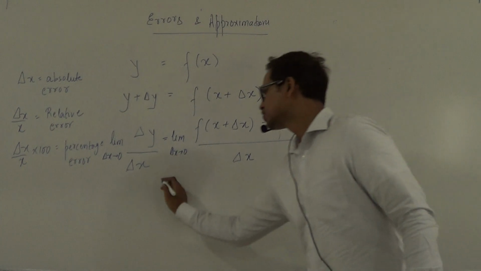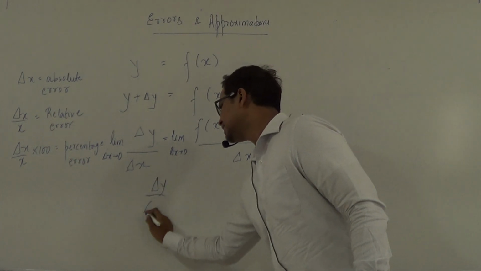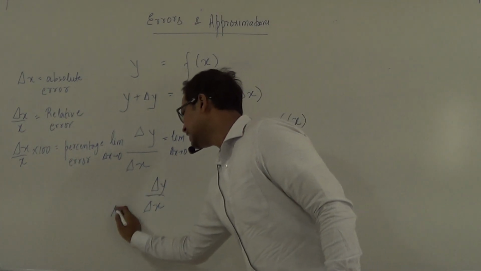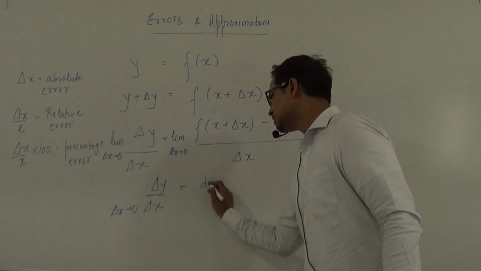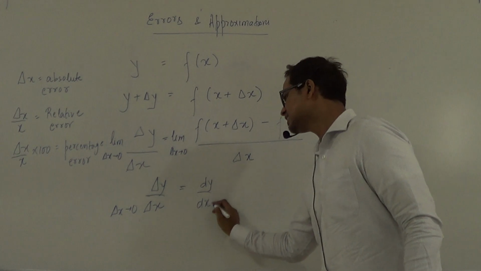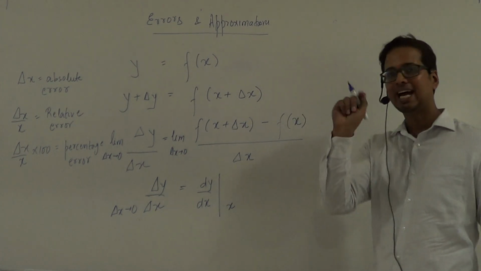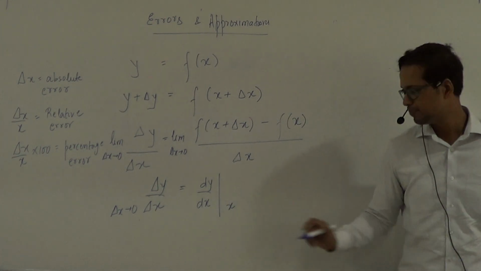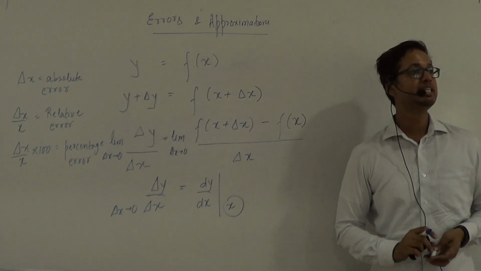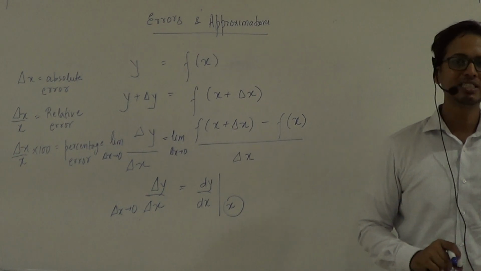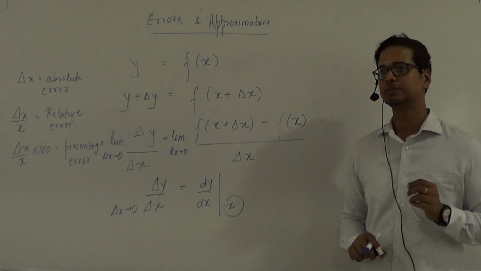Correct? So we say delta y by delta x, when delta x is tending to 0, will be nothing but dy by dx calculated at that x where the error has occurred. This is important. So you need to calculate dy by dx at the point where the error has occurred.